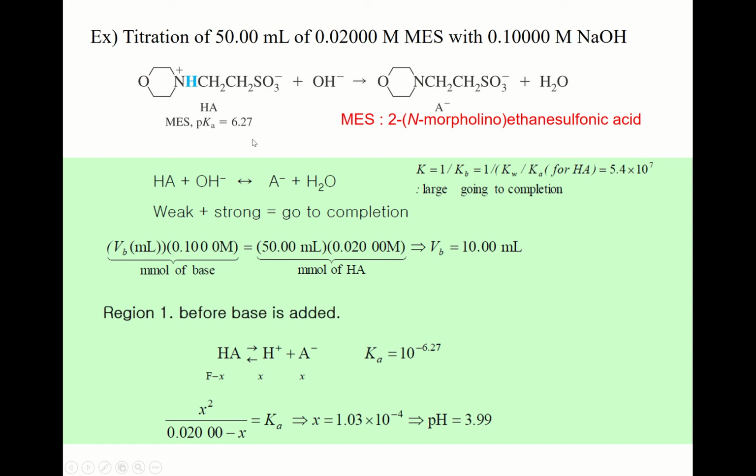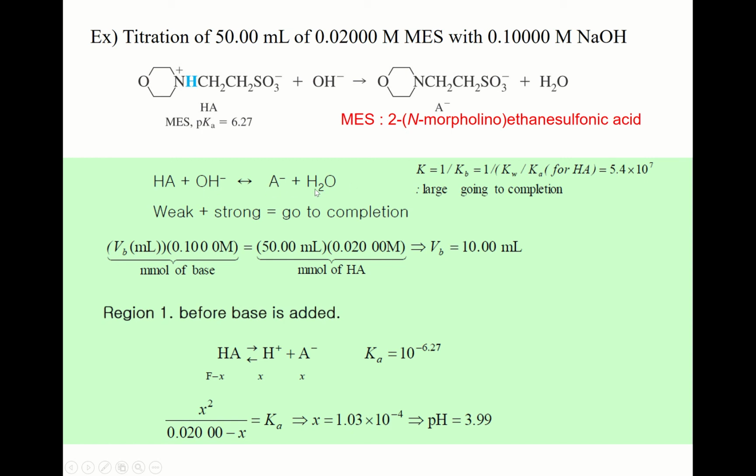Let's start. When the strong base is added to this weak acid, the reaction goes to equilibrium that is far shifted to the right side. For example, we can calculate this equilibrium constant.